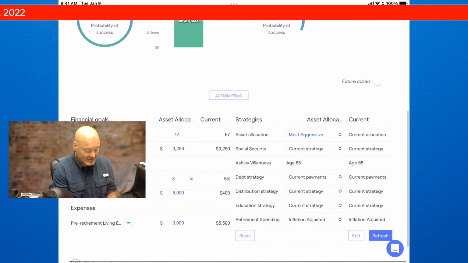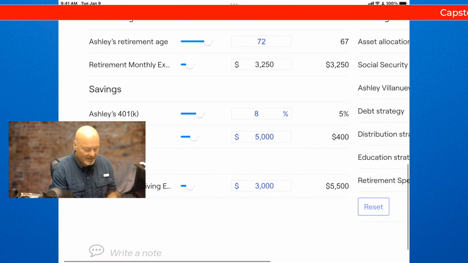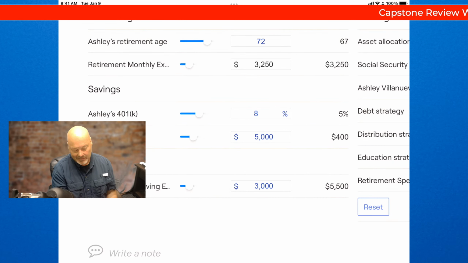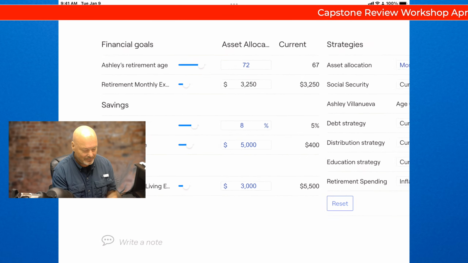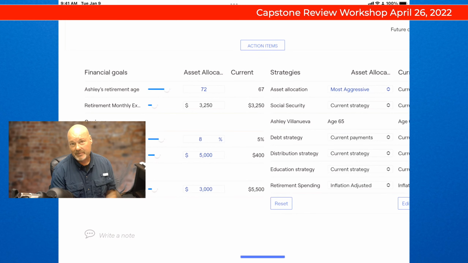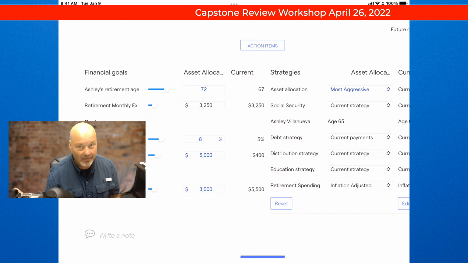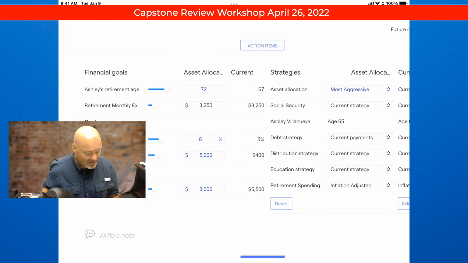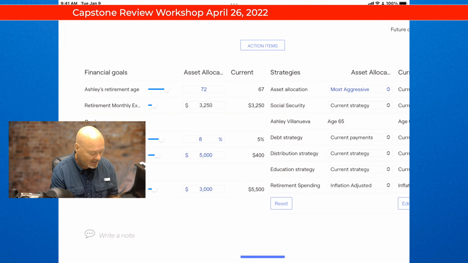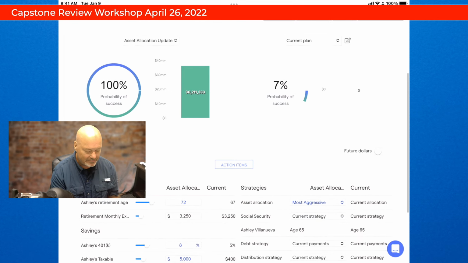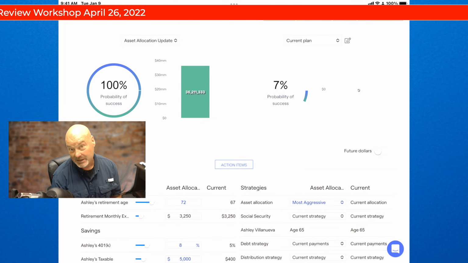Now, obviously, this plan is going to basically create a tremendous amount of excess. You're retiring at 72, you're saving a ton of money, and you're going to live on Vienna sausages. That's not a good plan.